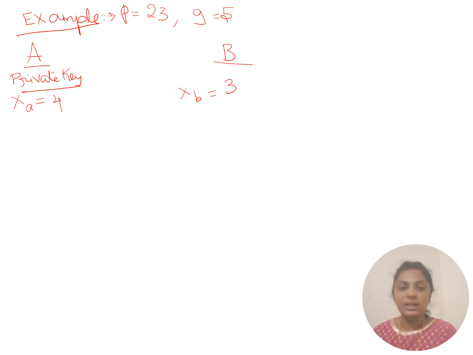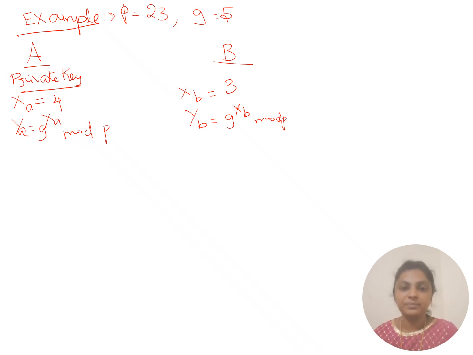For the public key, I'm giving the notation YA. It is calculated using the formula G to the power of the private key modulo the given large prime. Same way, the public key of Bob is calculated using G to the power of the private key of Bob mod P.